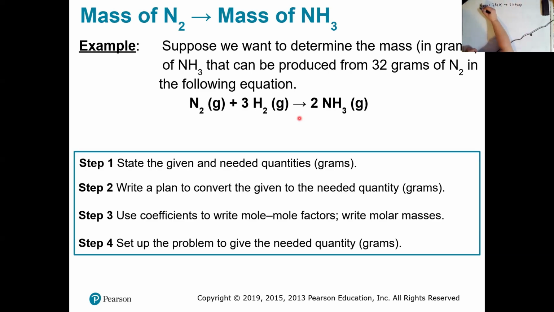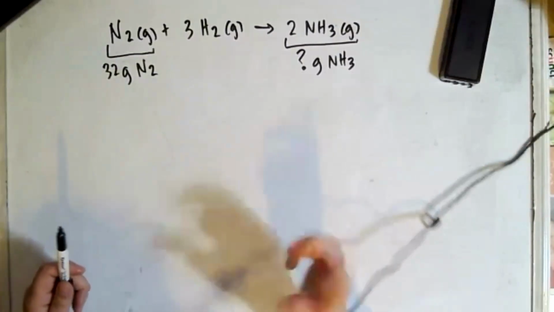They're telling us that we have 32 grams of nitrogen, and they want to know how many grams of NH3 are going to form. All right, so stop sharing so we can write this out.